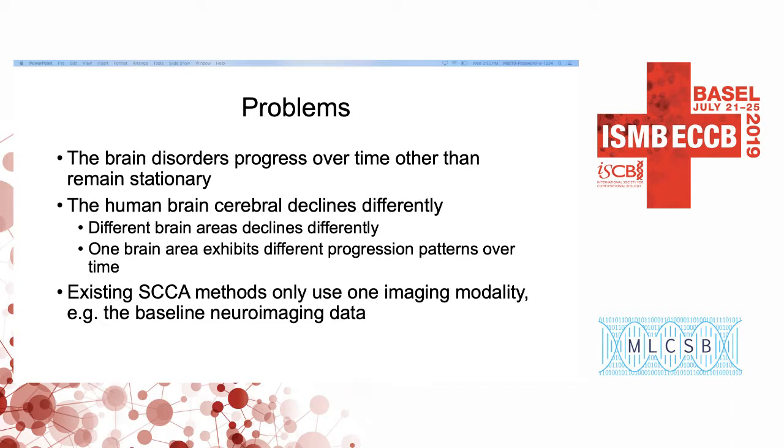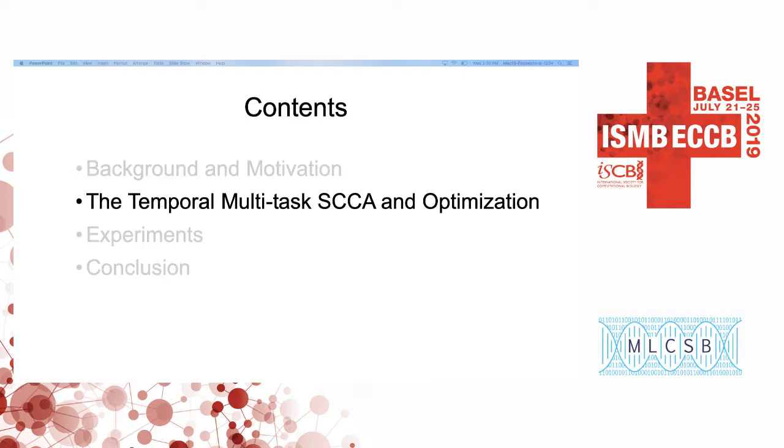And the existing methods can only use one imaging modality at one time point. So they ignore the longitudinal information embedded in the imaging data. Now let us look at our solution, the temporal multitask SCCA.